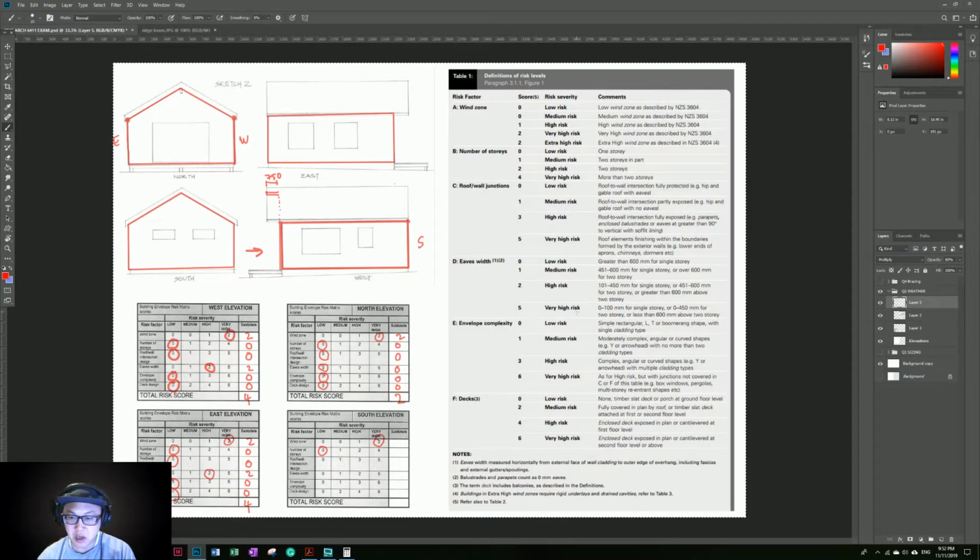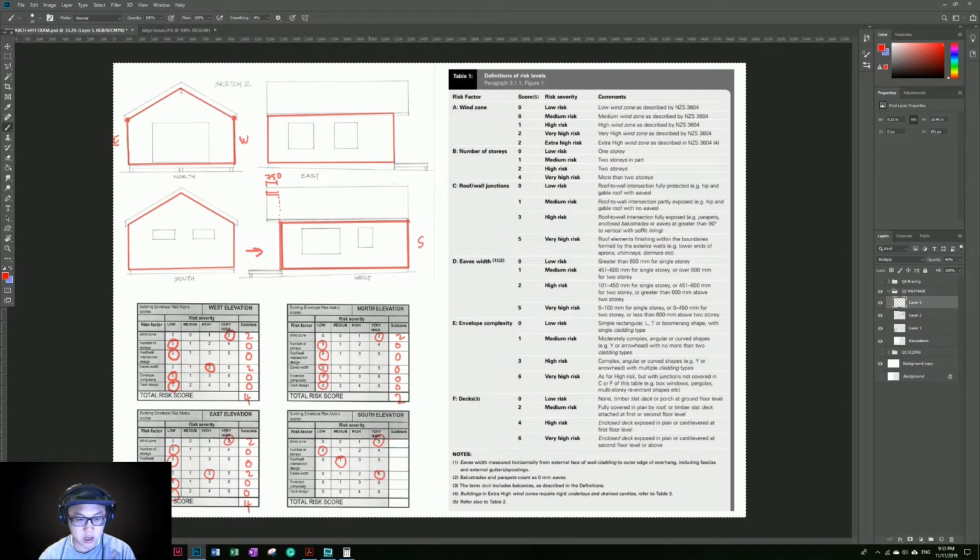Okay, maybe I'll just say it's partly exposed, hips, gable roof with no eaves. So it's a gable roof with no eaves. So I think I'll just put 1. Eaves width, because it's nearly 0, so it's a very high risk.